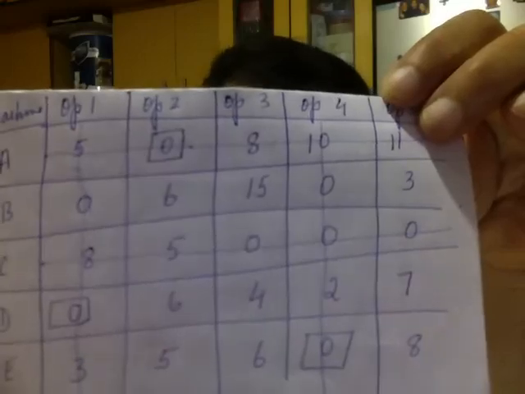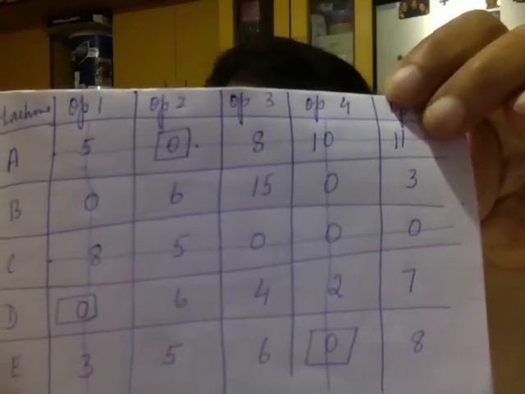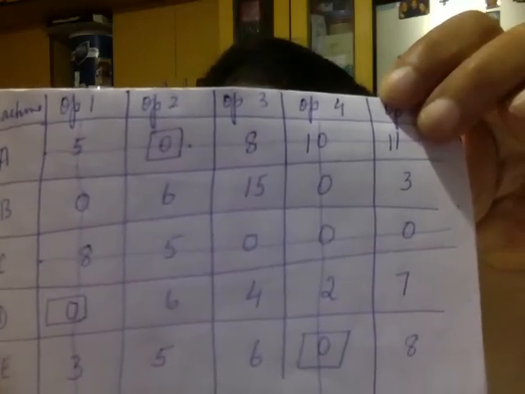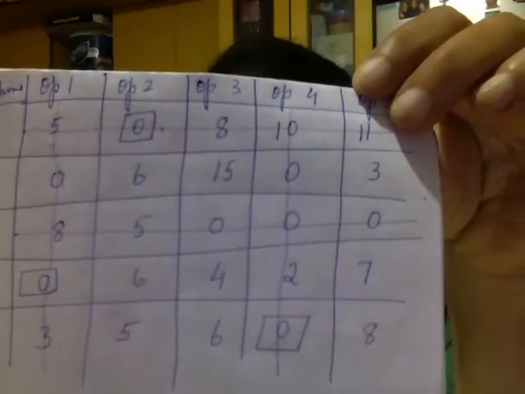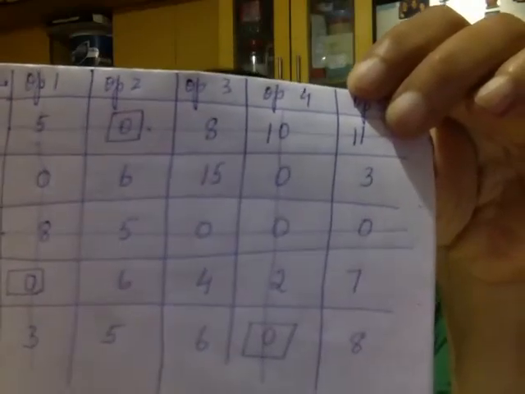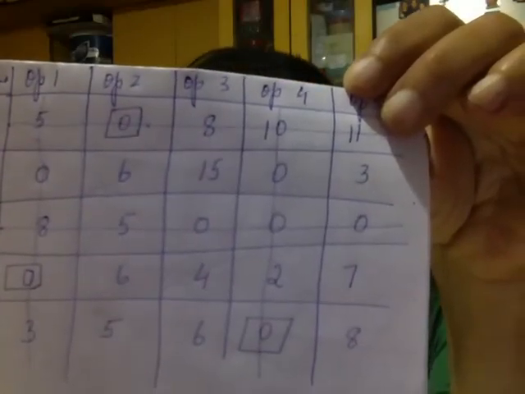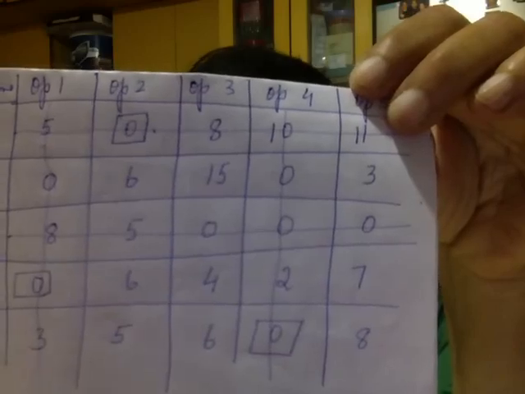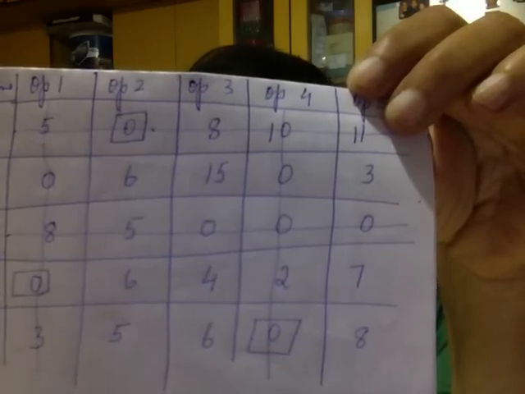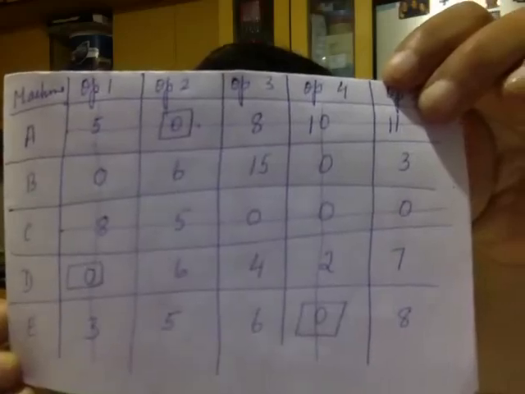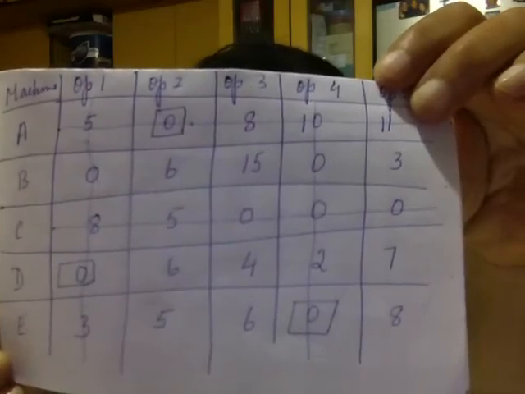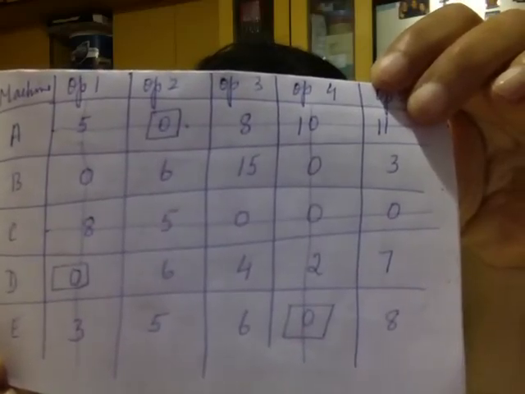Look at row B. There are numbers untouched by the line, in the second column 6, third column 15, and last column 3. So from among the uncovered values, you have to identify the lowest element. We have here 6, 15, and 3.